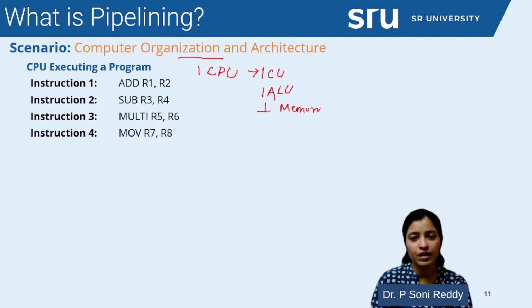That means I will have one RAM where I will be storing the data as well as the instructions in memory. So there would be one common memory for the data as well as for the instructions, one control unit, and one ALU for doing the execution.